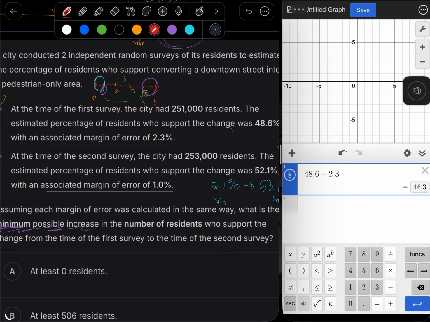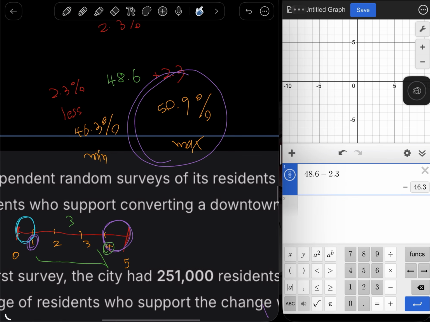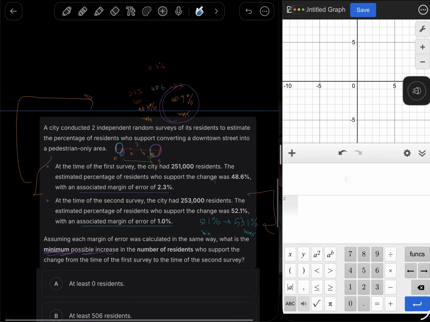So, what is that? What's the maximum possible number for the first survey? Well, I told you that 50.9 was the max, because we calculated that earlier. So it's 50.9%.